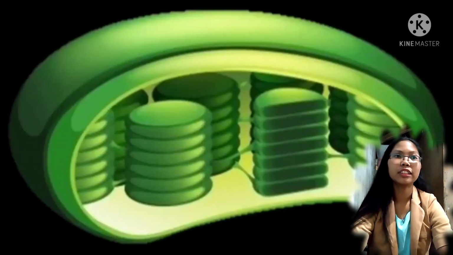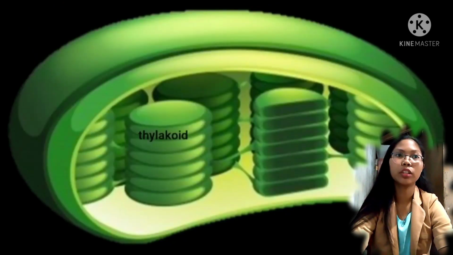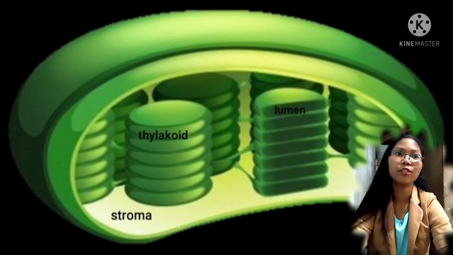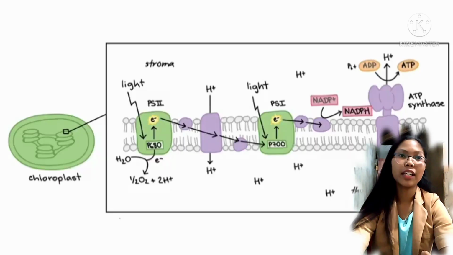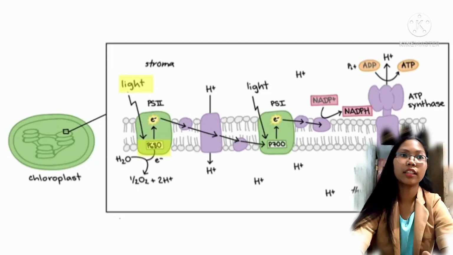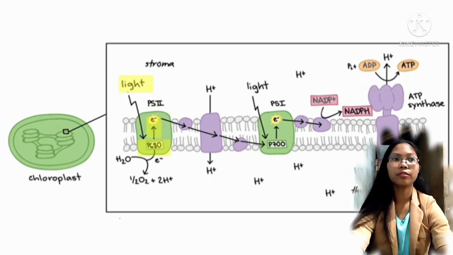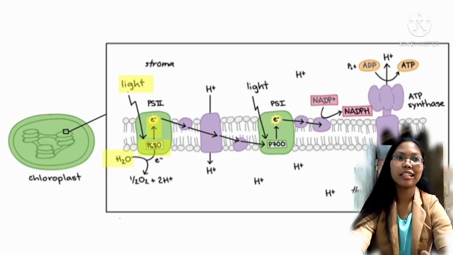The light reaction is the first stage of the photosynthesis process in which solar energy is converted into chemical energy in the form of ATP and NADPH. The protein complexes and the pigment molecules help in the production of NADPH and ATP.